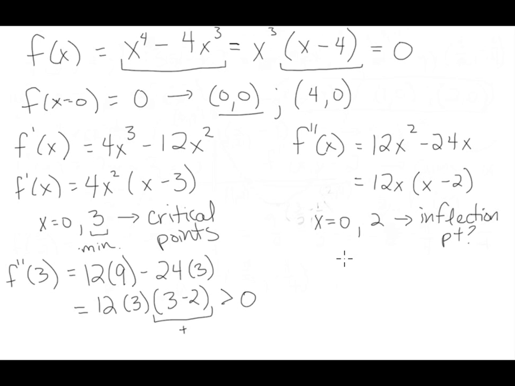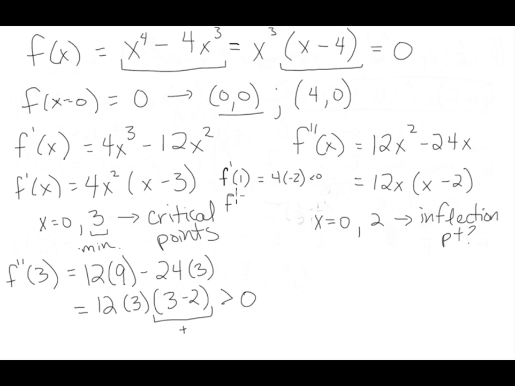I now need to think a little bit farther about x equals 0. It may be a minimum or maximum. It may be an inflection point. I don't know yet. So I'm going to test the value of the first derivative on either side of x equals 0. I'm just going to pick 2 points. When x is equal to 1, I get 4 times 1 minus 3, which is negative 2, so that's less than 0.